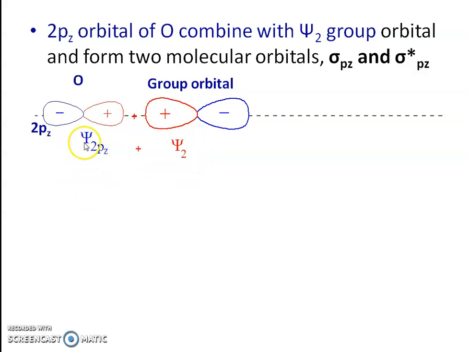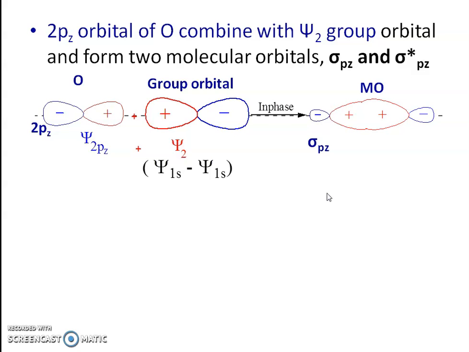It is represented by psi 2pz plus psi 2, and you know that psi 2 is equal to psi 1s minus psi 1s. The in phase combination results in the formation of the molecular orbital sigma pz.